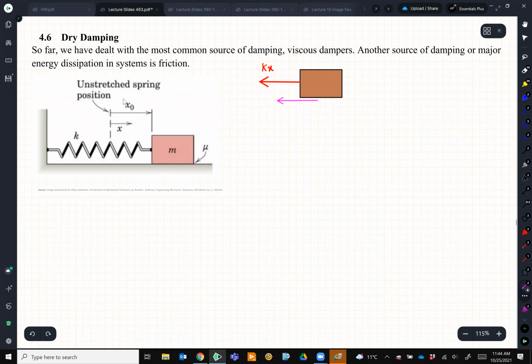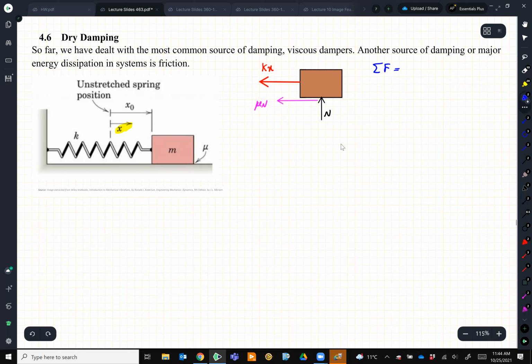So remember, this is what we selected: the mass is moving toward x, the spring is going to apply kx, and here is going to be mu N. What is N? Obviously, N is the normal force. In this scenario, of course, N is mg, but let's keep it as N because you may solve another problem in the future where N is something else, maybe if I apply a load on top of this mass. So whatever N we have. That's our free body diagram.